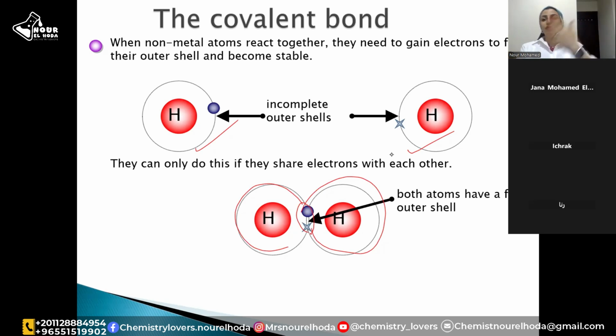For the newcomers who don't know about the atom, they are stable because the first shell is filled by 2 electrons. The hydrogen doesn't have except only one shell, and the first shell is filled by 2, so this hydrogen is stable, and again this hydrogen is stable. Okay?